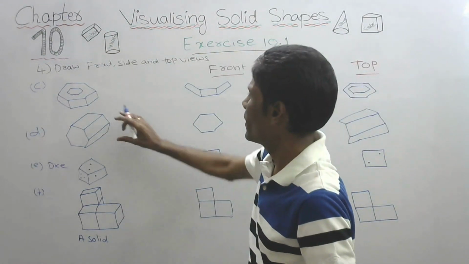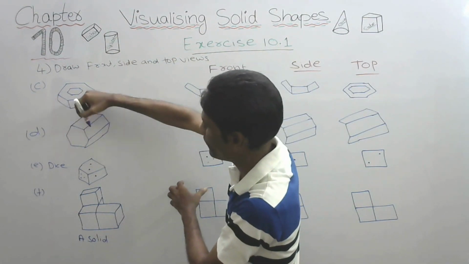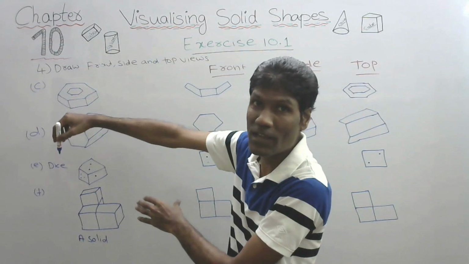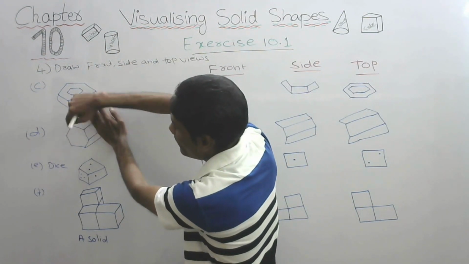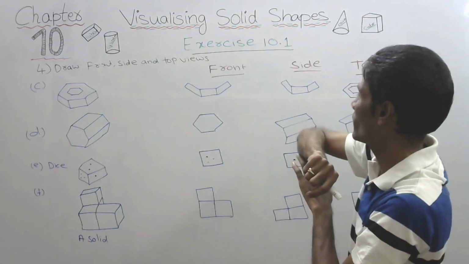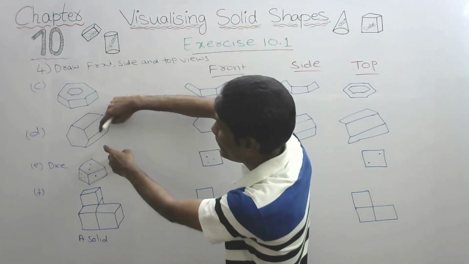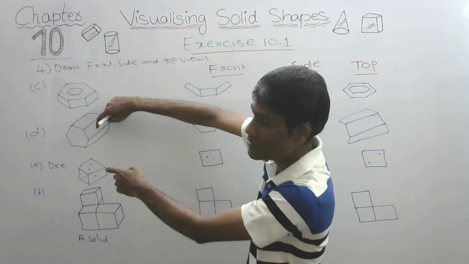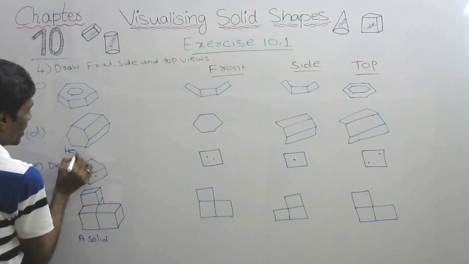Next, see this. This is front view, hexagonal in shape. So if you remove, this will be the front view. This will be the front view. And then side. This one and these 3 blocks we can see. This is hexagonal block now.